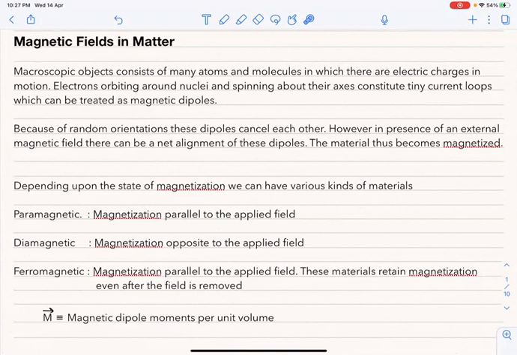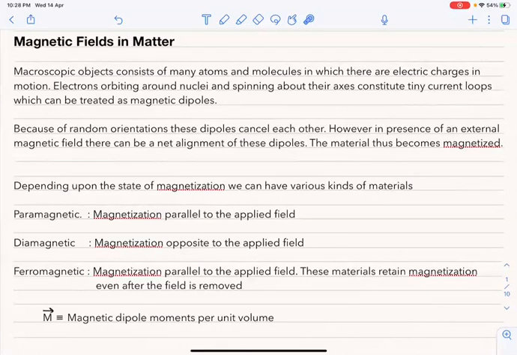As you encounter various types of magnets every day, you must be wondering: if all magnetic phenomena are because of charges in motion or currents, where are the currents or the charges in motion inside these materials which are showing magnetic effects?